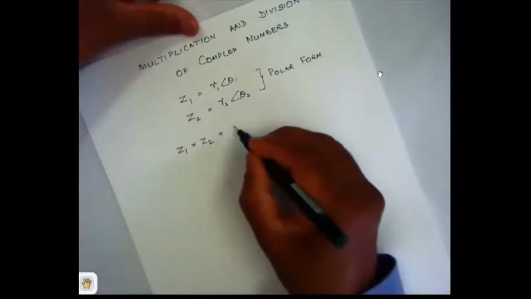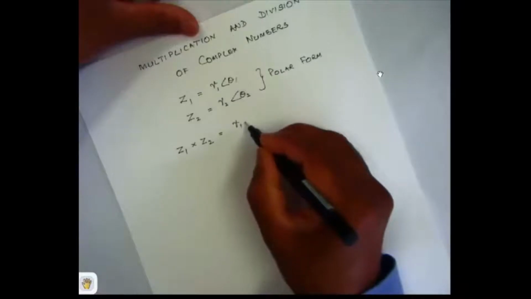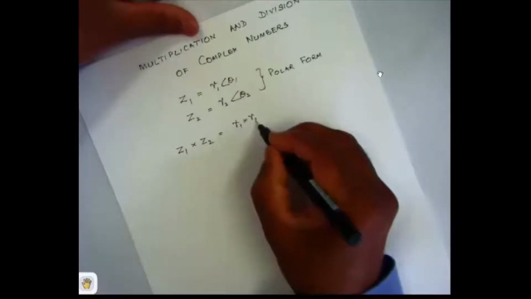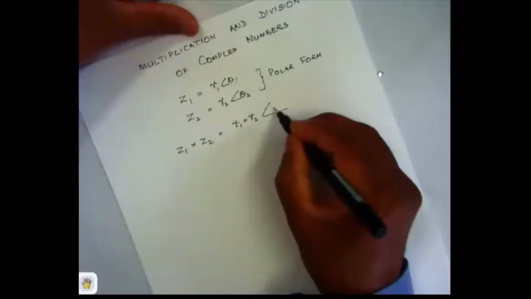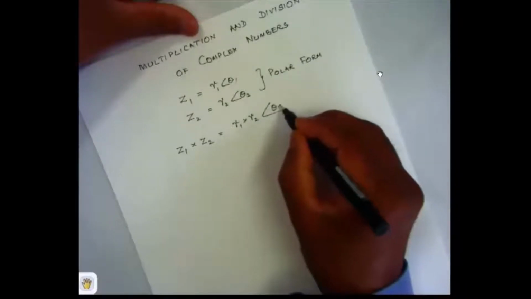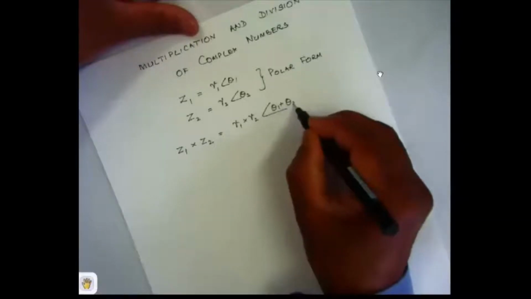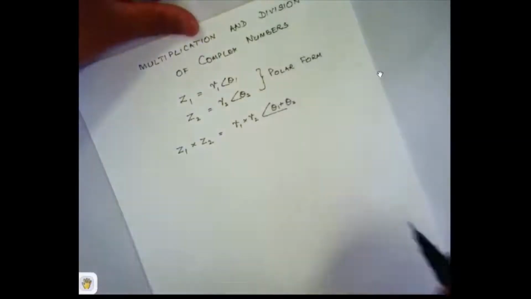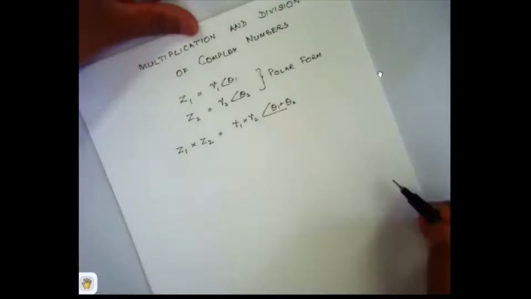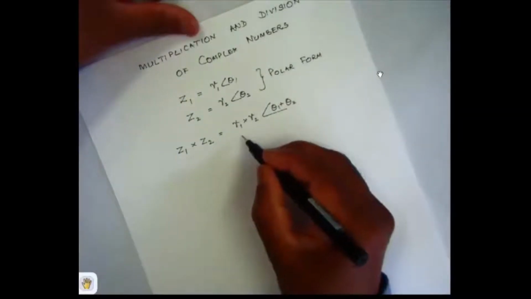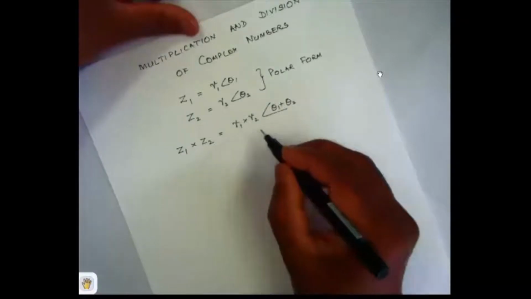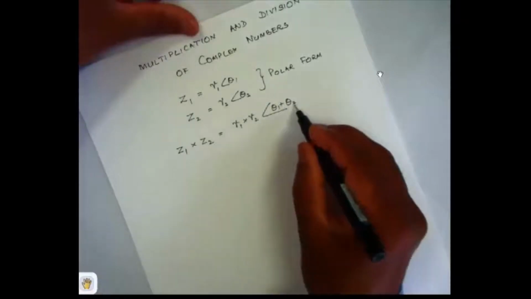We have to multiply R1 by R2, and of course the resulting angle will be simply the addition of the two angles or two arguments.